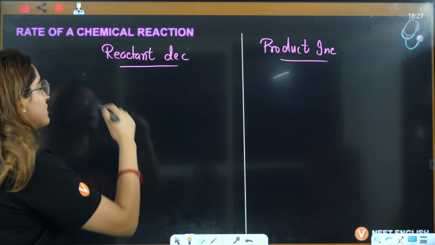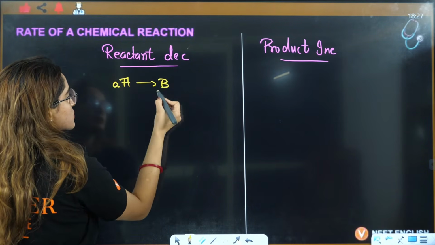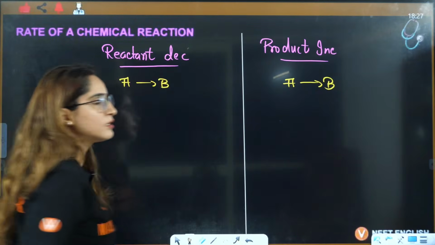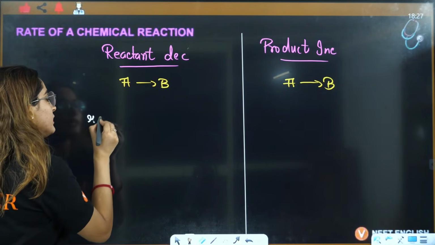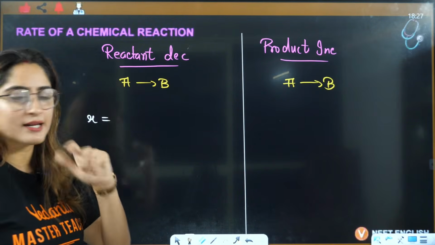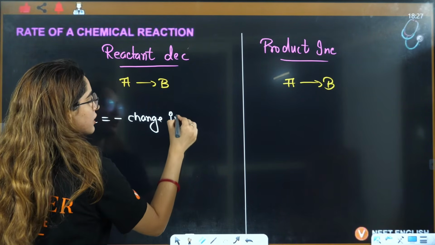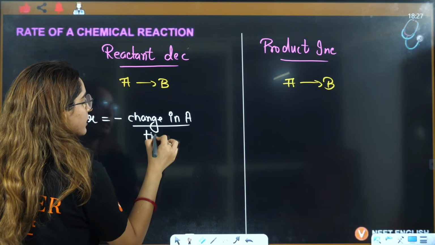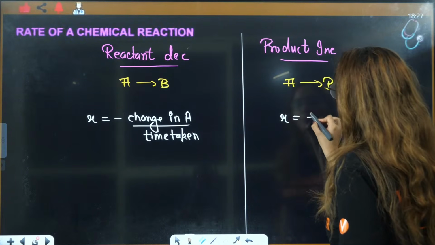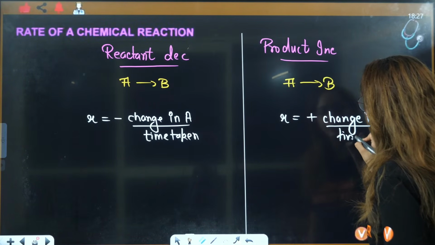But what we do is, if the reaction is A to B, you just write A to B. In terms of A, the reactant, how do you write the change? It will be written as minus of change in A divided by time taken. But in terms of B, the rate will be written as positive change in B divided by time taken.